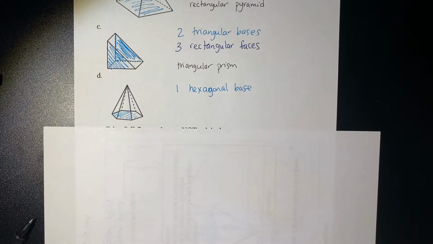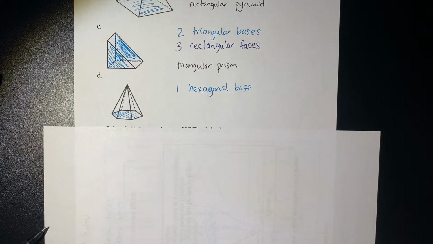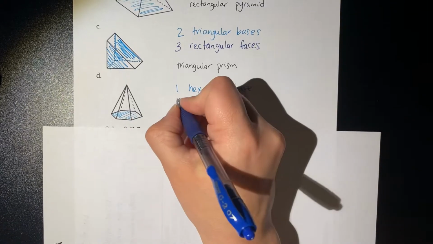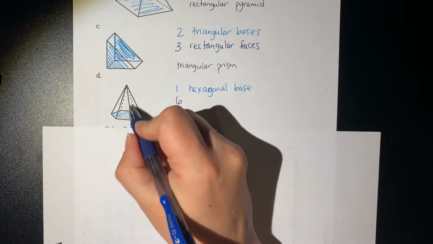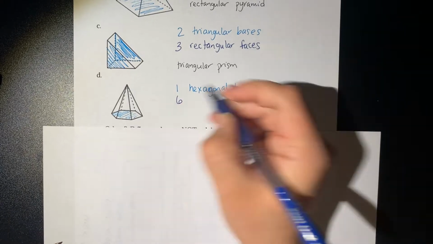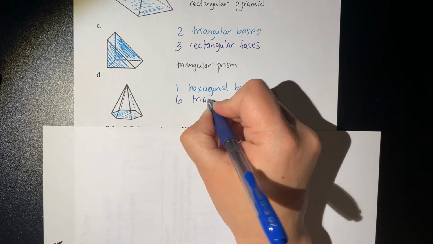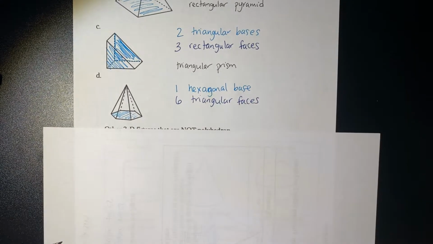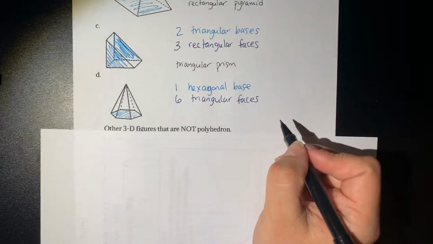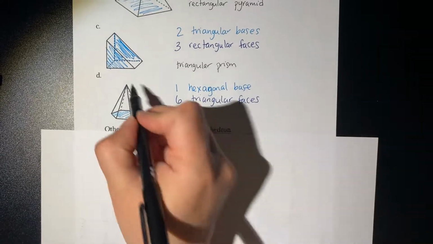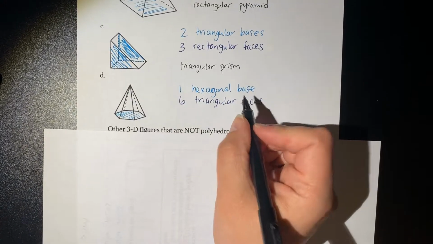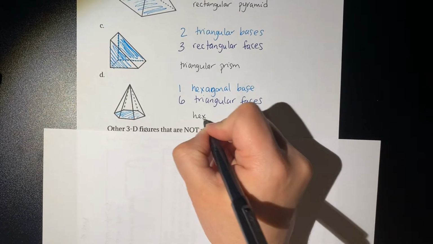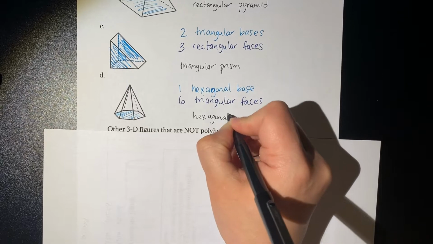Okay. Now let's look at our sides. If it's a hexagon, that means it had 6 sides, so we know it's going to have 6. This looks like a triangle, so 6 triangular faces, which means that we have a pyramid, because they meet at a point, and we need the base to name our pyramid. So we have a hexagonal pyramid.